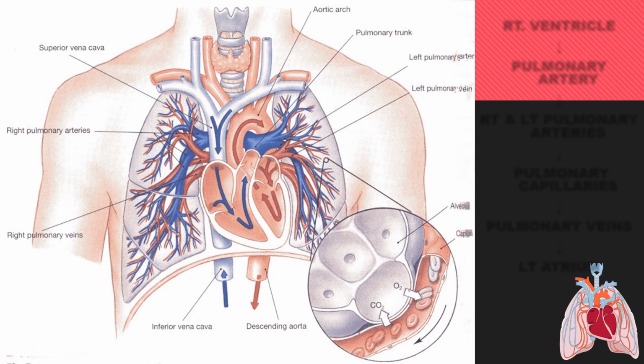The pulmonary trunk arises from the right ventricle and divides into right and left pulmonary arteries. That moves the deoxygenated blood to the right and the left lung respectively.